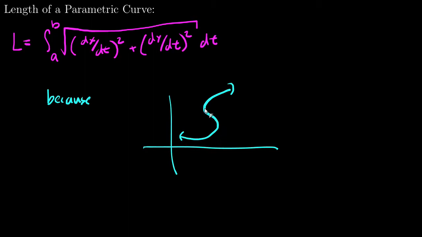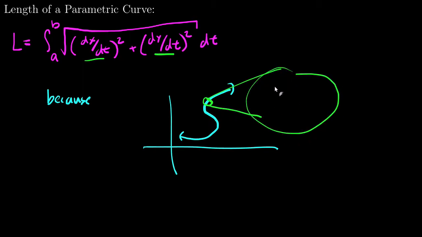Clearly we don't have a simple length formula from geometry for this, but when we look on a very small scale, so long as it's differentiable with x and y, then this will be locally linear. It'll look like a line in there.